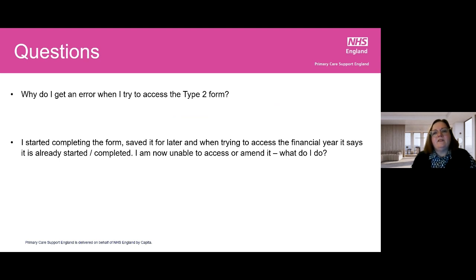If the system isn't aware that you've had Type 2 status or Type 2 contributions in the year, it won't allow you to proceed with the Type 2 form. So the answer goes back into that detail of checking that your employment change, which you submitted on the performer list side, has been approved, and making sure the practice completes that joiner form. Then you can get back to submitting your Type 2 form.